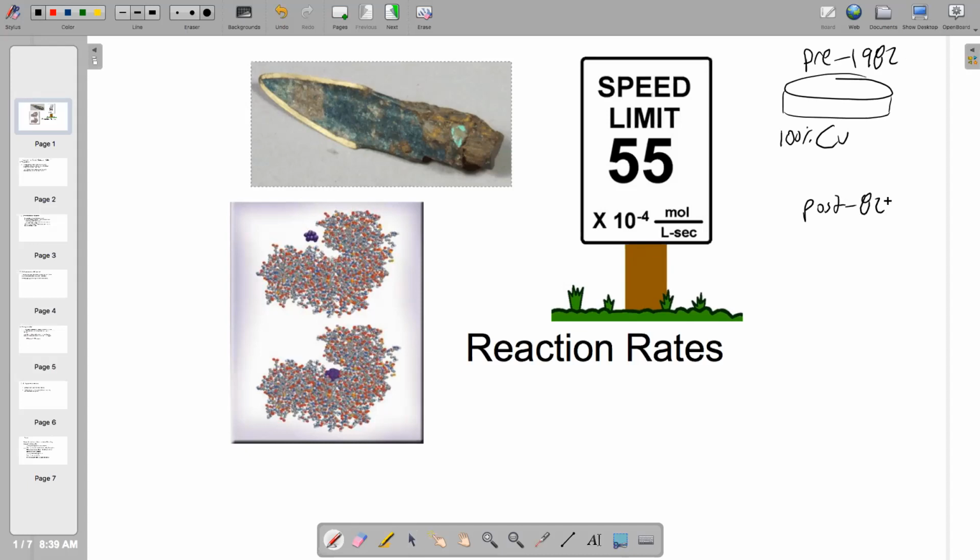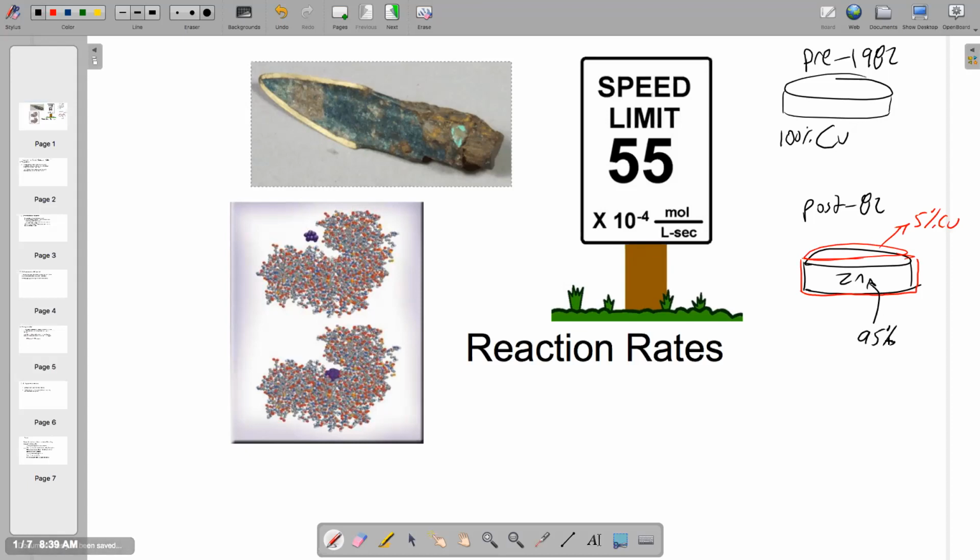All pennies after 82 are clad. What it means to be clad is that there's a zinc planchet, and then what's around that is a copper cladding. So whenever you see a penny, it's actually 5% copper and 95% zinc.